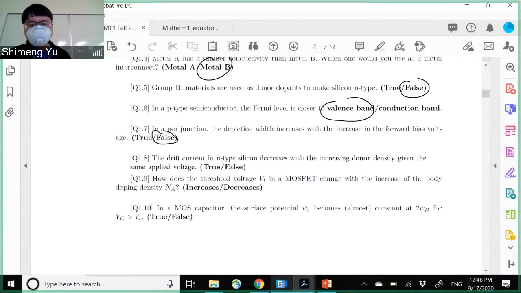Number 8. The drift current in N-type silicon decreases with increasing donor density given the same applied voltage. So the drift current, okay, in N-type and donor density.